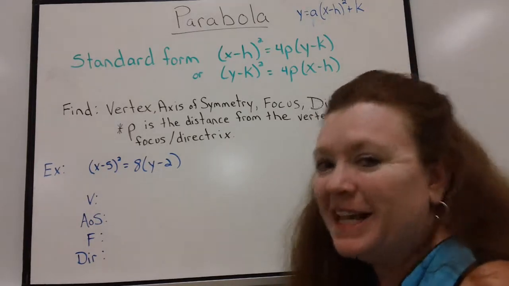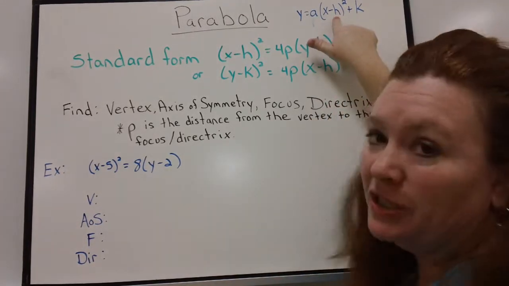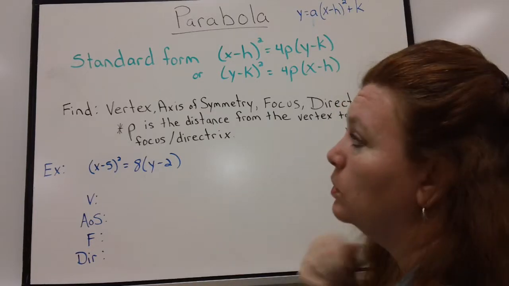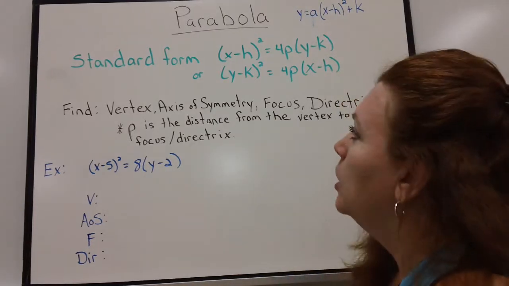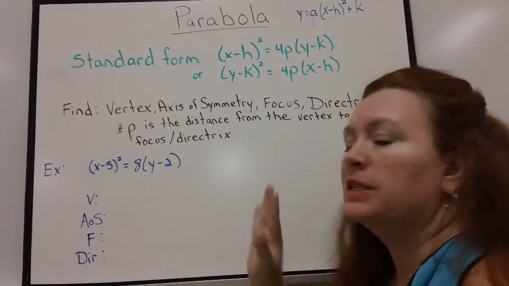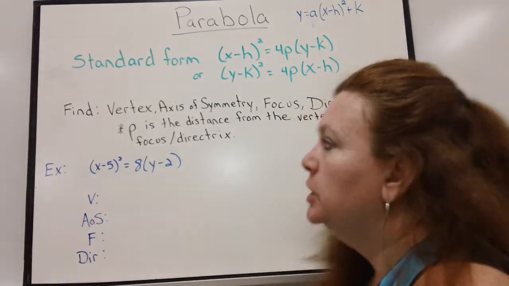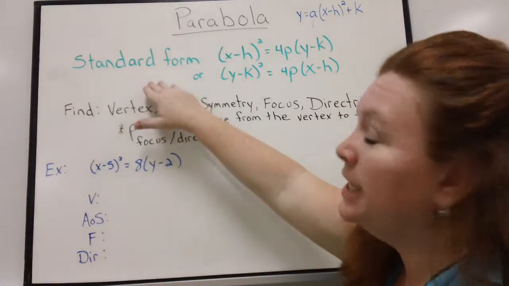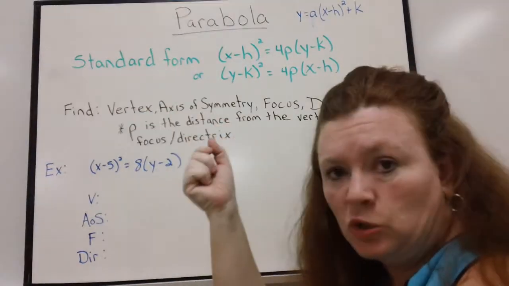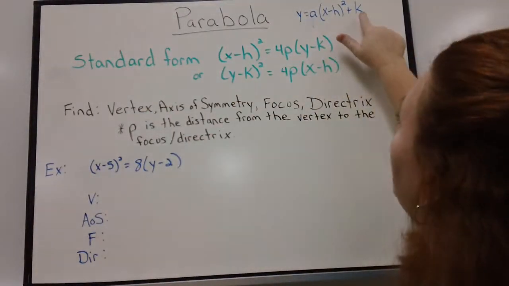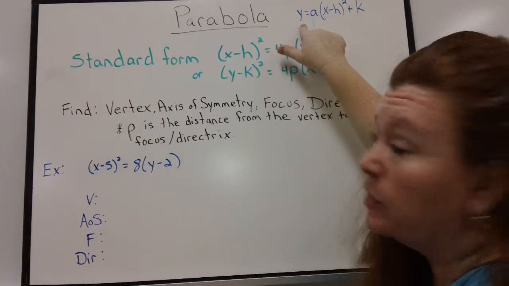We use the bad teenager analogy: inside the house you do the opposite, and outside the house you don't, to find the vertex. Well, right now we need to focus on some other aspects of a parabola. So standard form has a slight twist to it. Number one, the k is moved back over here with the y.